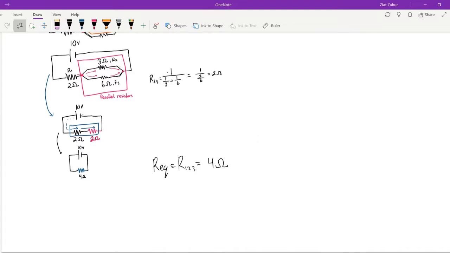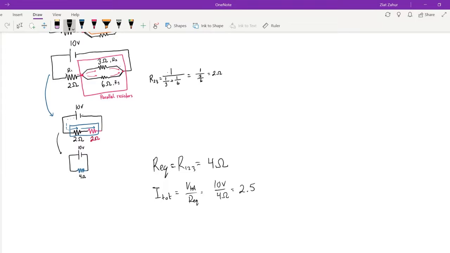If the total is 4, that means the total current in the system must be equal to the total voltage over this total resistance, and that's 10 volts divided by 4 ohms, which is 2.5 amps. I'm skipping over sig figs for the day.